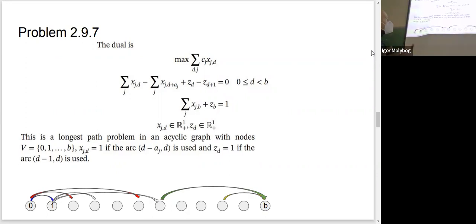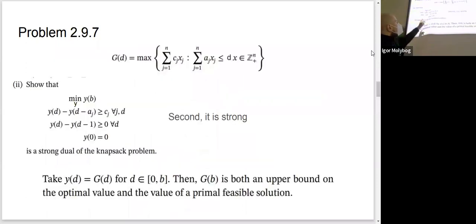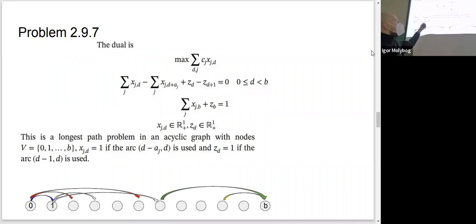I just want to point out that we have gone from the knapsack formulation to this interesting longest path reformulation by taking the dual twice. We have taken a dual over here, and then we took a dual of a dual, just because both times when we were transferring from one dual to another, we were transferring to a strong dual.